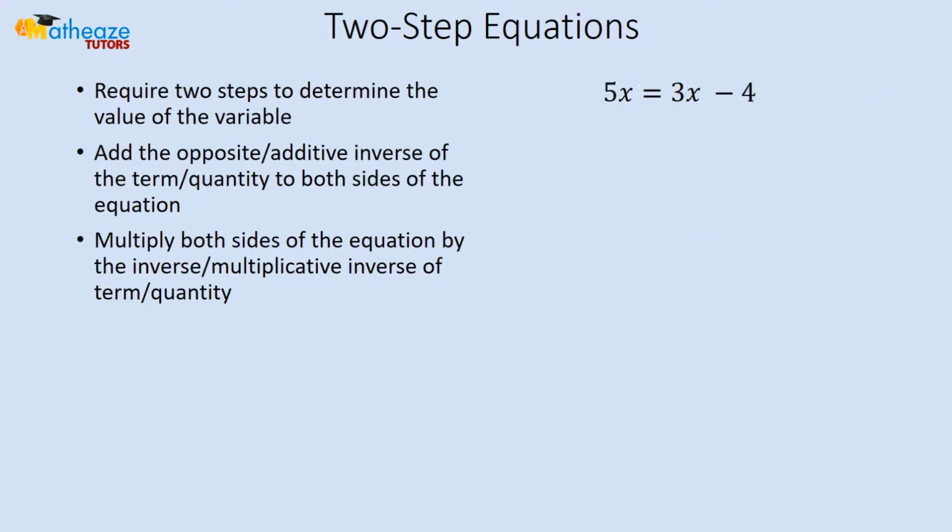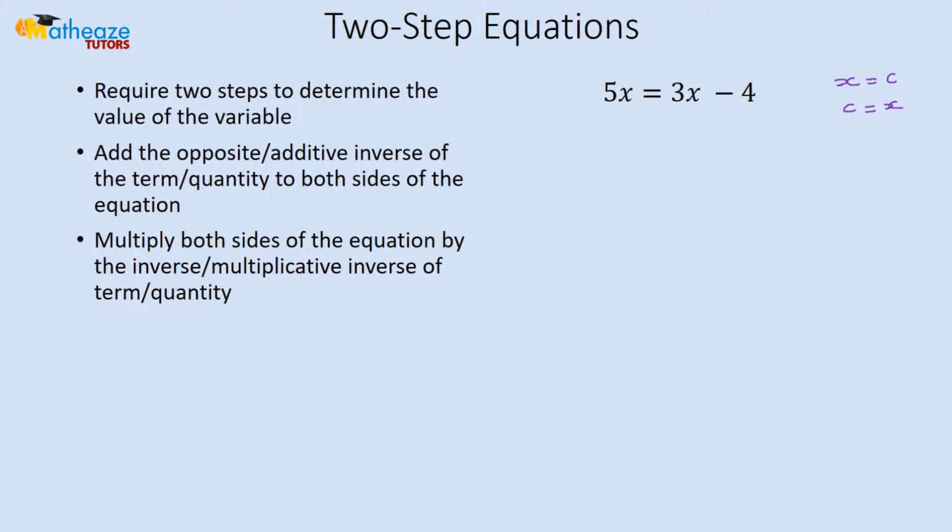Now let's look at one more example. 5x equal to 3x minus 4. Always remember our goal is x equal to c, or sometimes c equal to x. They mean exactly the same thing. So we're going to move the 3x to the same side as the 5x.